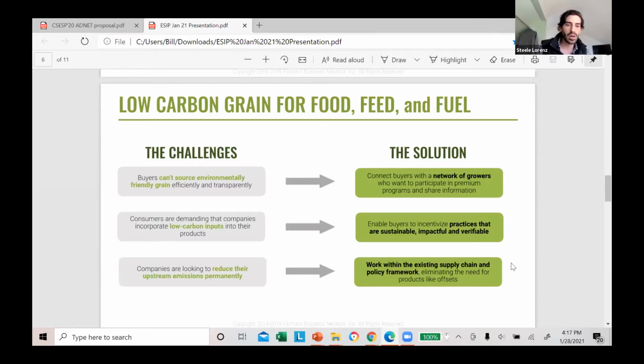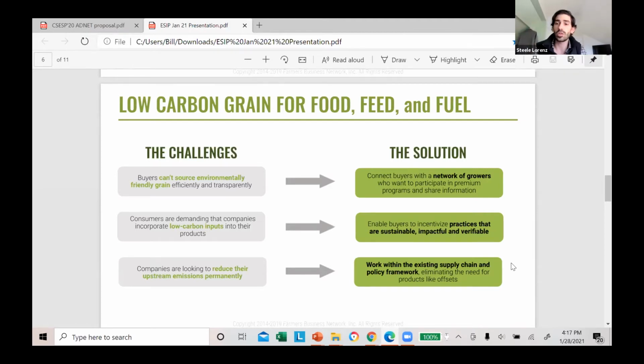The second component is that end consumers are demanding this kind of transparency, but actually aligning the supply chain to be able to do that is very difficult. And so what we can provide through our various structures is not only the environmental scoring component at the field level, but also buyer technology and the merchandising capabilities that we have.